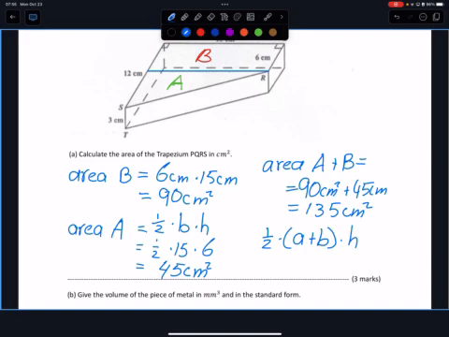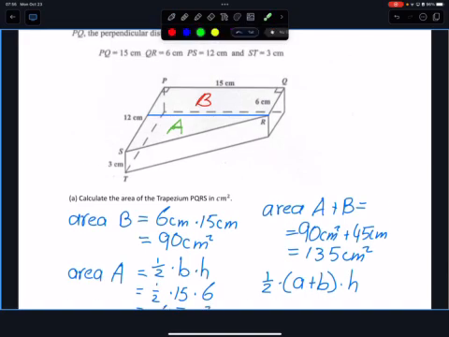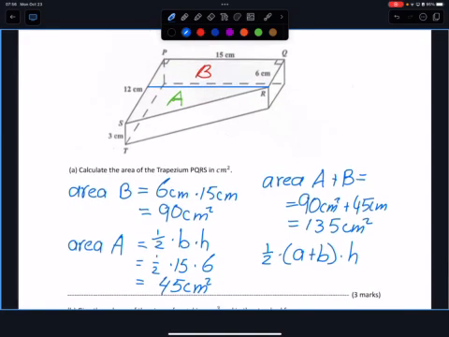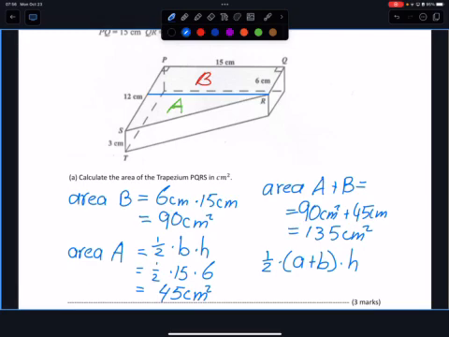Times 2? No. Remember, reading is essential. PQRS. That's it. PQRS. This side. That's the only thing I wanted. Nothing else. That. So you have a half. So the question is, what is A and what is B?